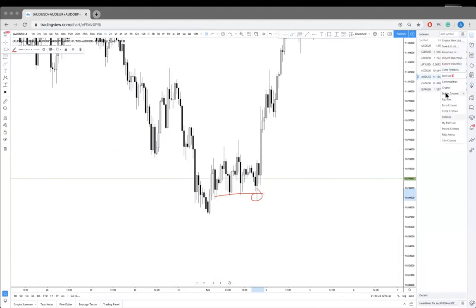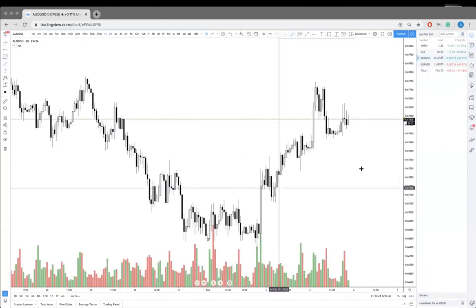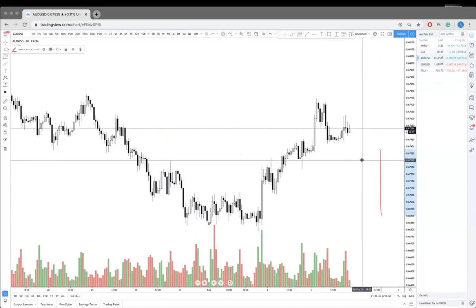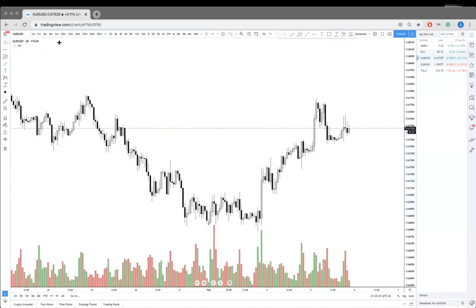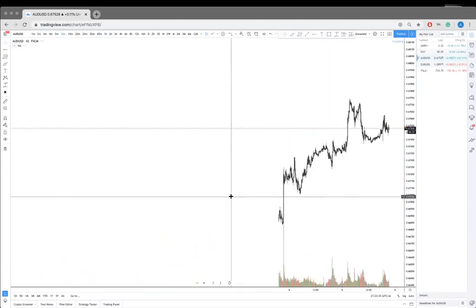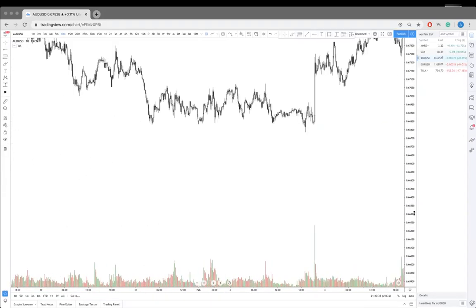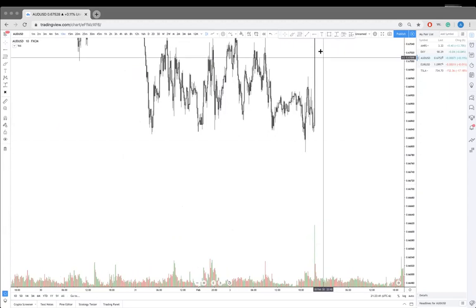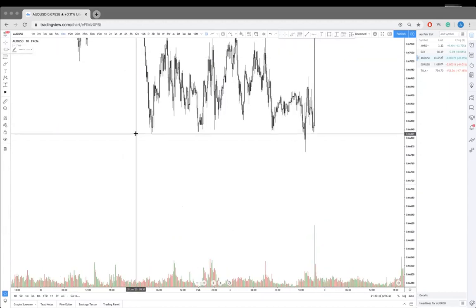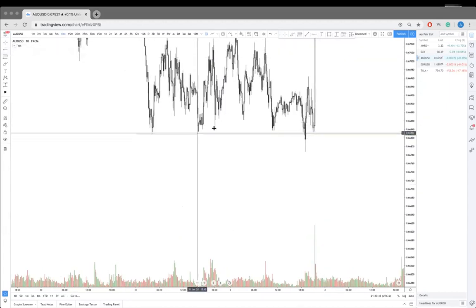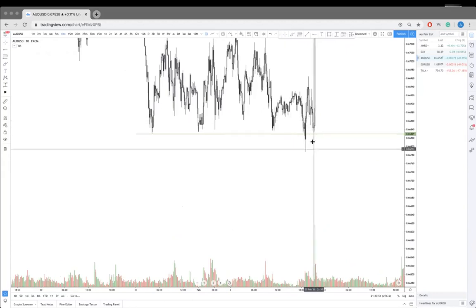So use the indexes, they're there for a reason. When you apply that to AUDUSD, it's how I showed it on the chart. So we have straight up equal lows, and they're equal lows because each low fails to break the previous low. So it's only adding liquidity, adding liquidity, adding liquidity.